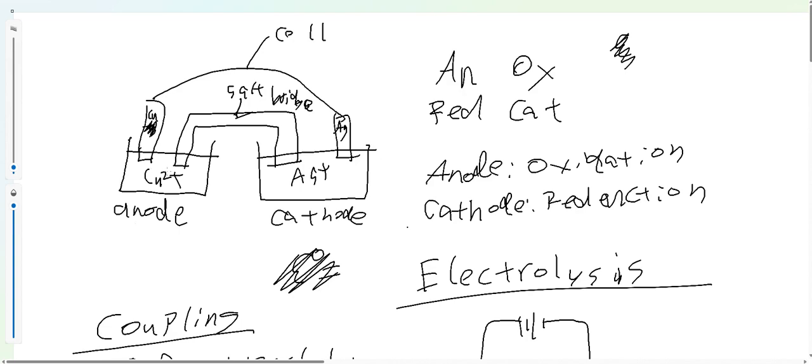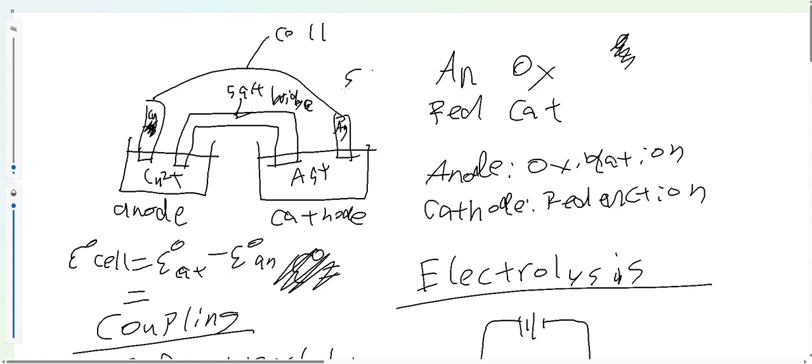Alright, so E naught cell is equal to E naught of the cathode minus E naught of the anode. And so what you can do is you can look up the table that you're probably going to be given for both E naughts. And here's where things get interesting. Where with delta G or delta H, you would need to multiply by the moles of electrons, with E naught you do not.